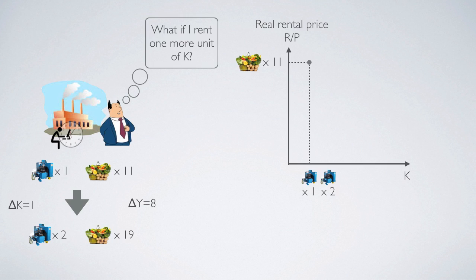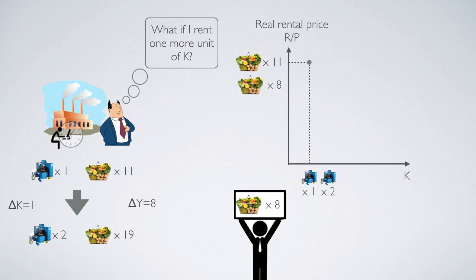Therefore, the rental price in terms of output, the maximum he is willing to pay for hiring this second machine, would be equivalent to 8 baskets of consumption goods. Therefore, we are able to trace the second point for the firm's willingness to pay for the second unit of machines. That will be 8 baskets.